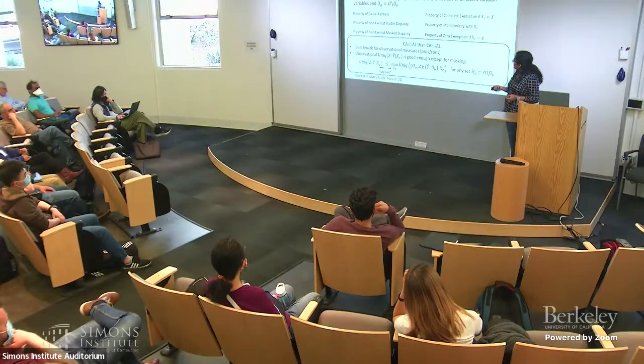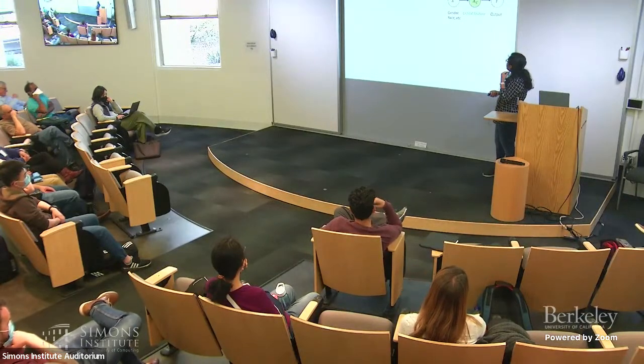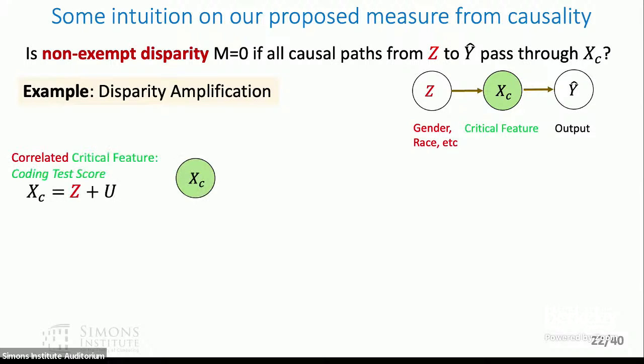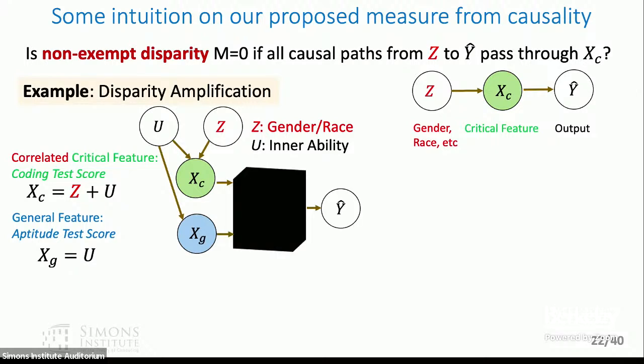So I will try to give some intuition on the proposed measure. One might first think that non-exempt disparity is guaranteed if all causal paths from Z to Y hat pass through the critical feature. But there are examples with some confounding effects where this may not always hold. So this is a case of disparity amplification, where again we have these two features Z plus U and U. But this time the model does something weird.